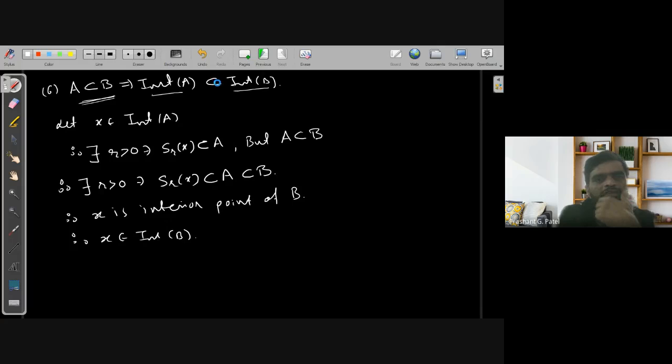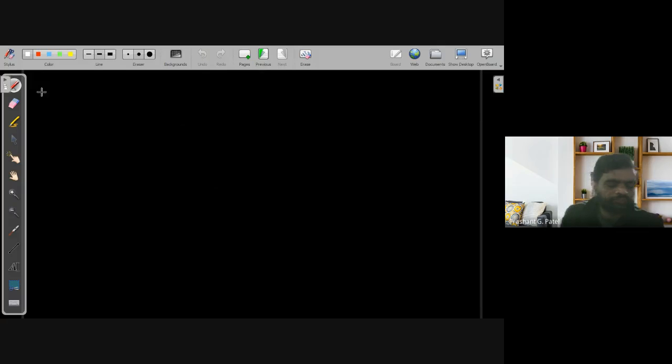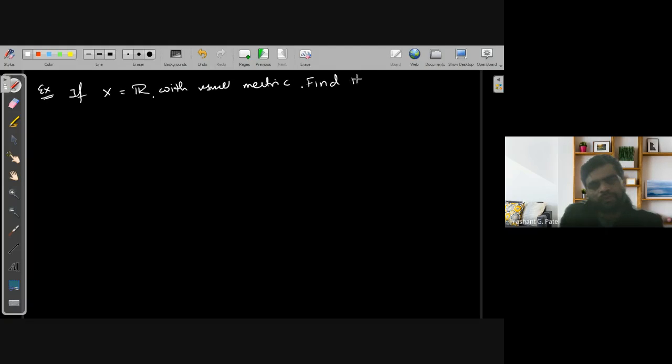Now let us see some examples. If X is R with the usual metric, find the interior of the following sets.